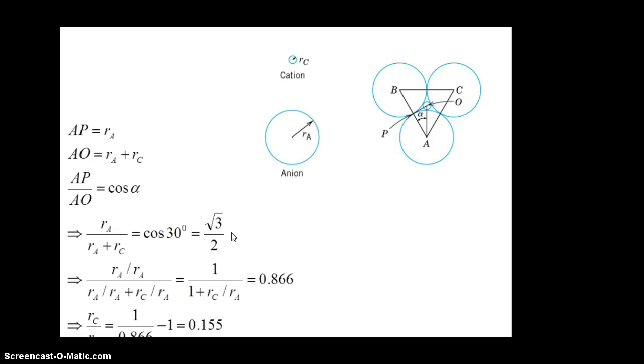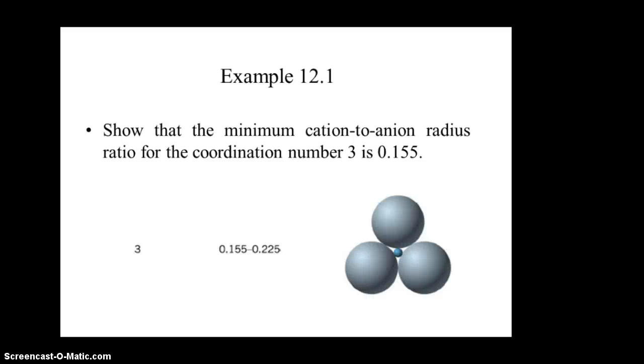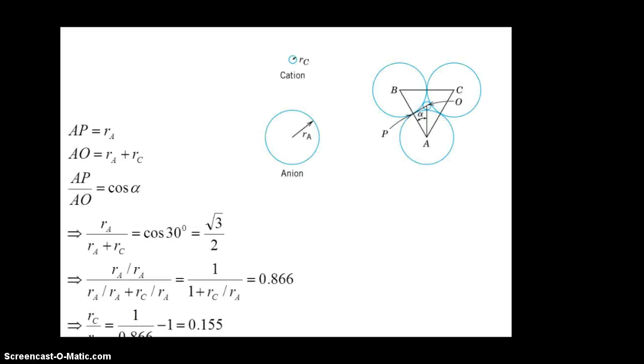So remember, what was I trying to find? Let's go back. We were trying to find what the cation to anion radius ratio was, so that's RC over RA. If I want to get RC over RA by itself, it should come to mind from your algebraic experience that if I divide top and bottom by RA, I'll end up with RC over RA by itself.